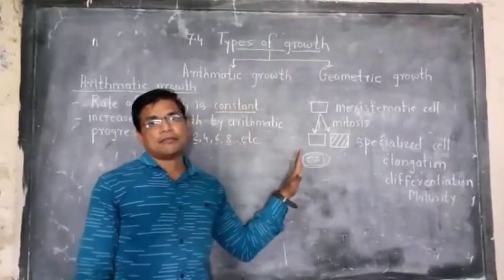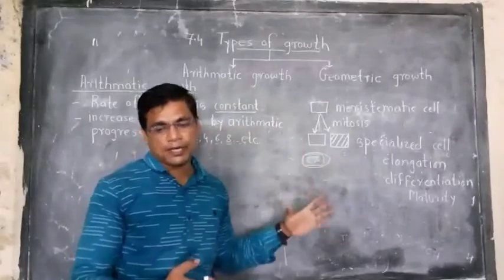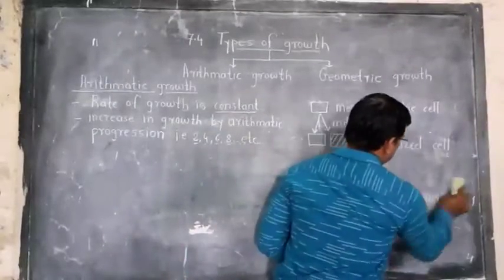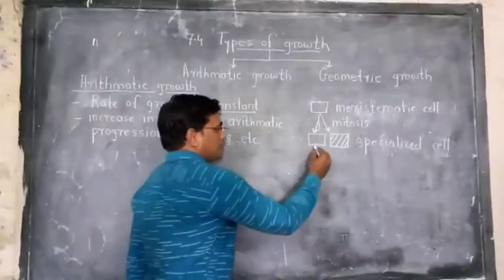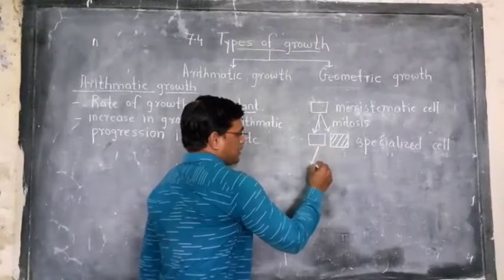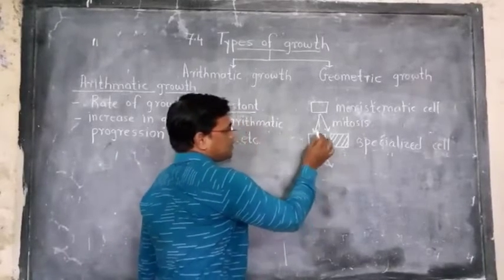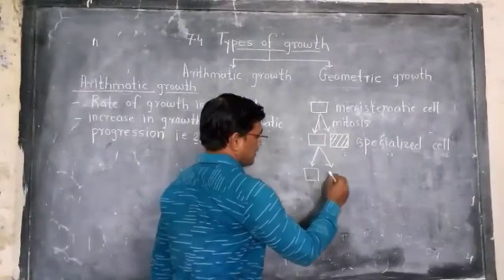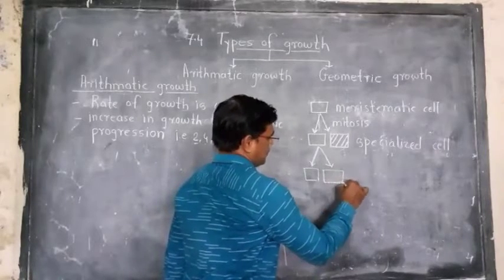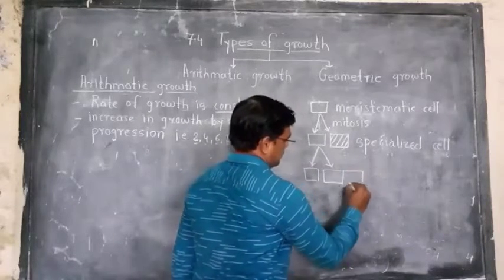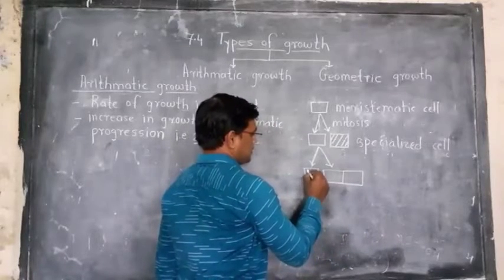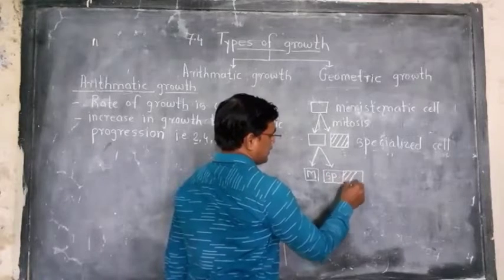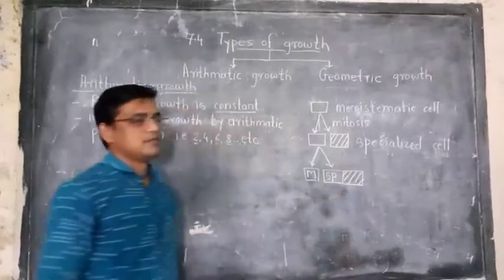The meristematic cell remains a meristematic cell and divides continuously. Again by the process of mitosis, this meristematic cell gives rise to two cells. This is a meristematic cell, this is a specialized cell, and this one is our previous one.